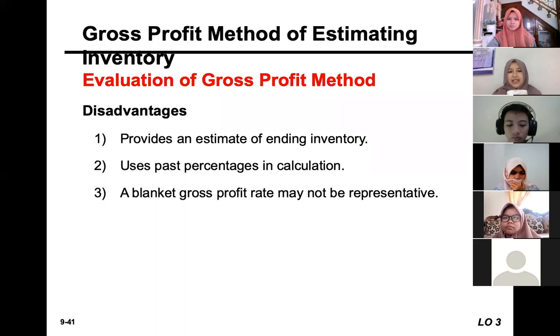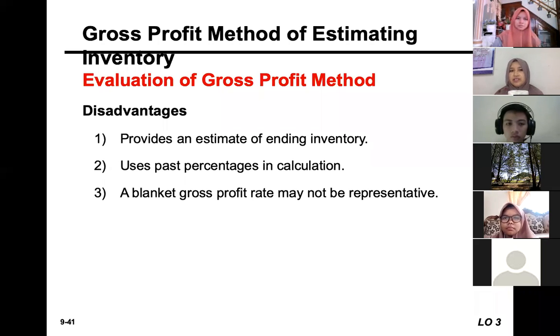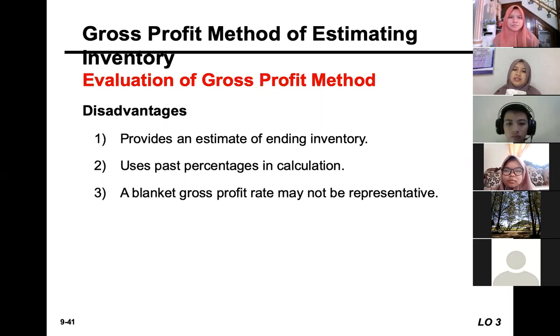Okay, and then a blanket gross profit rate may not be representative. What does it mean by a blanket gross profit rate? Because it takes the lump sum of the gross profit, the whole amount of a gross profit. Let's say the company has many lines of products, which have different rates of gross profit. So if we use this gross profit method, then we just take the whole amount.